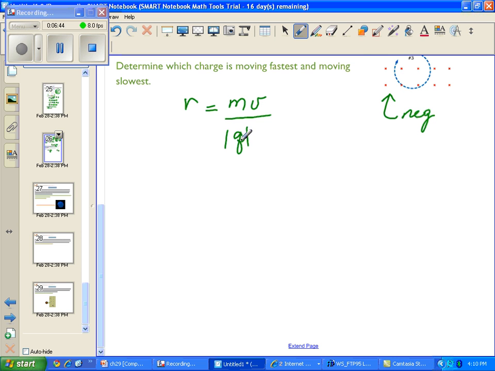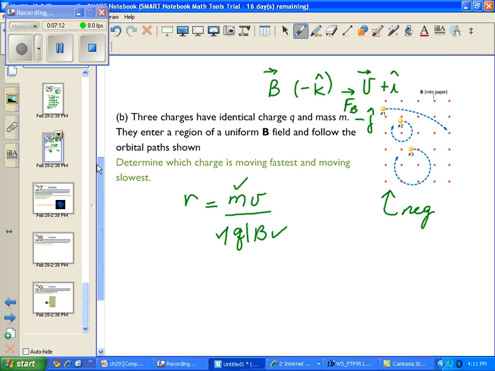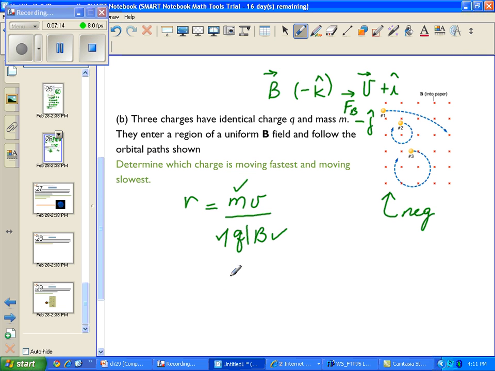The orbital radius of the path is given by the product m v over q B. Now m is the same for all three, the magnitude of Q is the same for all three, and B is the same for all three. Therefore, the only different quantity must be the speed. And if you look over here, the one with the greatest radius is number 1. Therefore, number 1 must be the fastest.